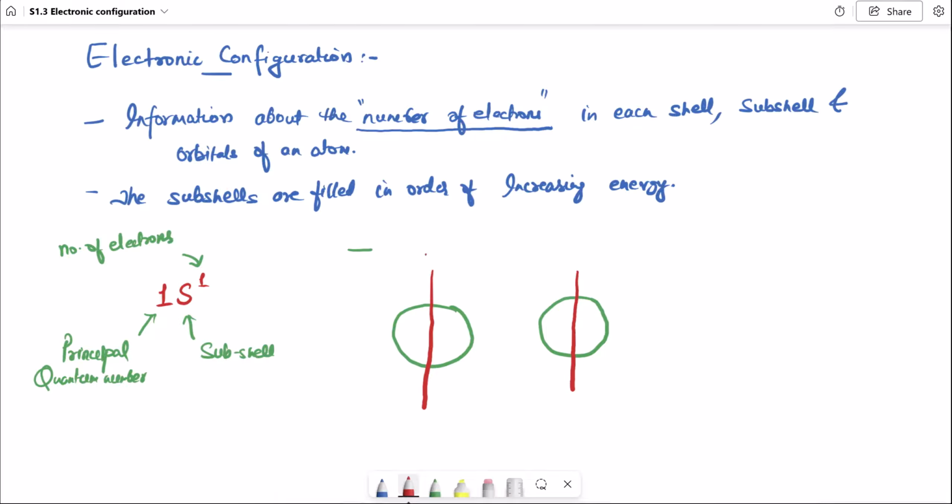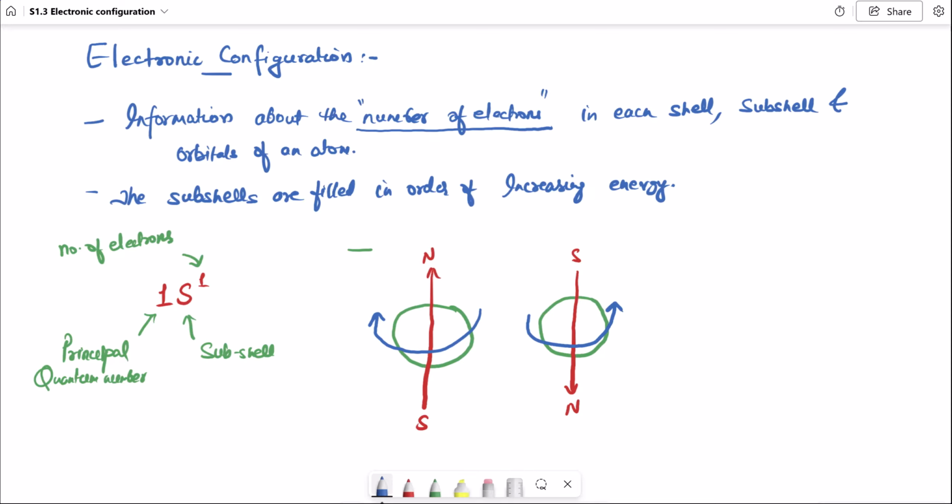Let's say I'm giving north and south. One is drawn here like this, south and north. This electron is moving in a clockwise direction, and this one is moving in an anti-clockwise direction.